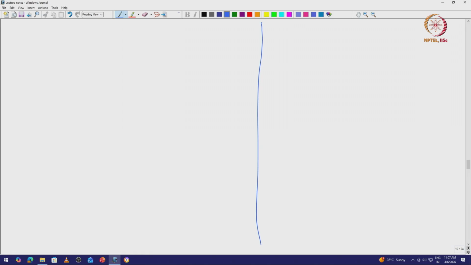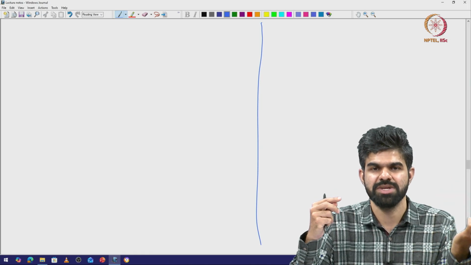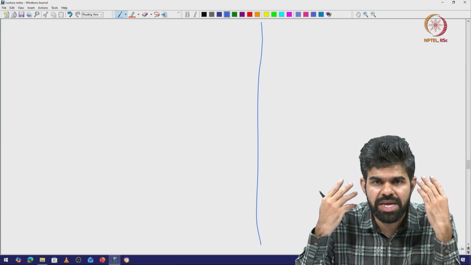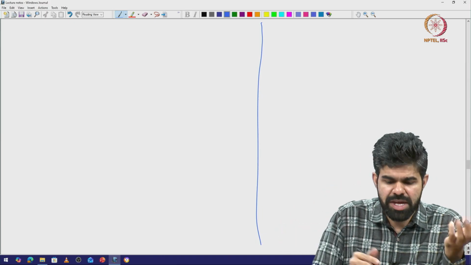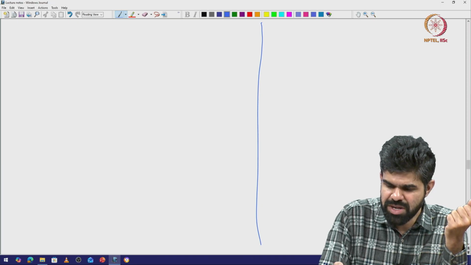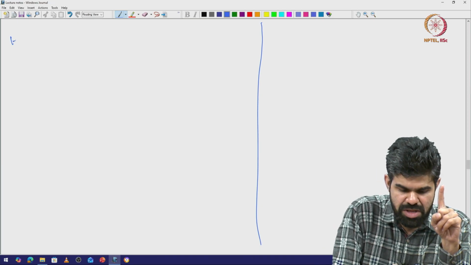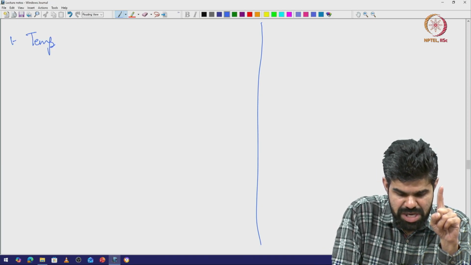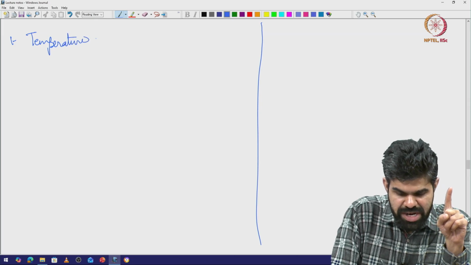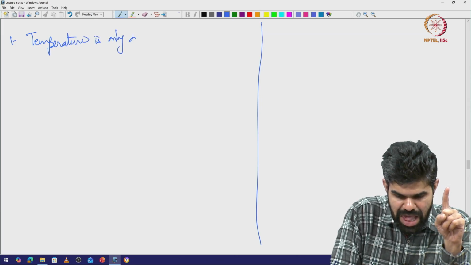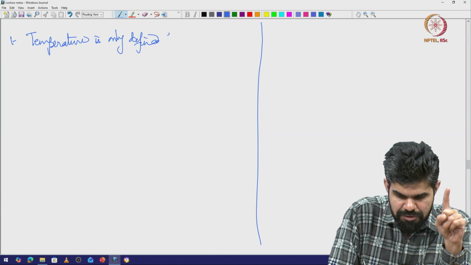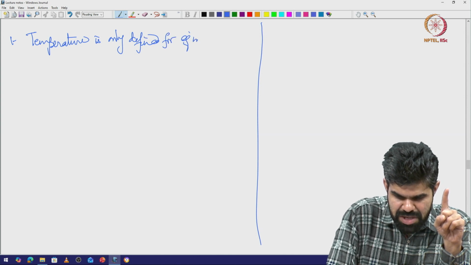Does it mean that I am not using thermodynamics in non-equilibrium systems? Does it mean that I cannot define a temperature? I can give you a very easy example. So far the statement I made is that temperature is only defined for equilibrium systems.